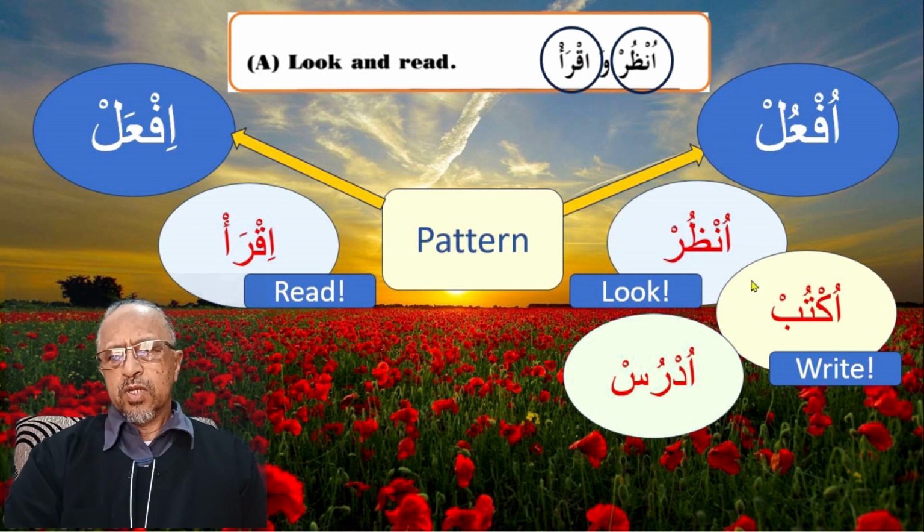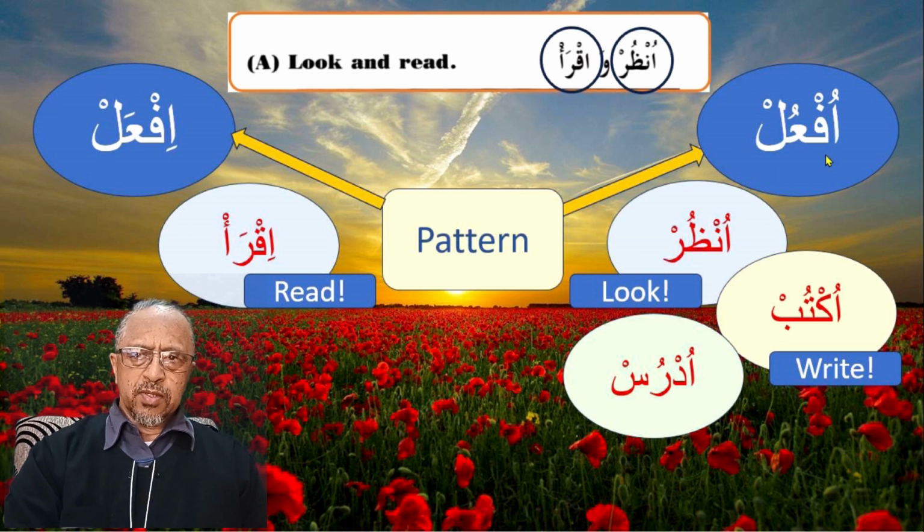If we look closer at the pattern, we see it starts with the Hamza with Dhamma, and then comes the first radical, which in this case is the Fa. The second one is the Ain, and the third one is Lam.